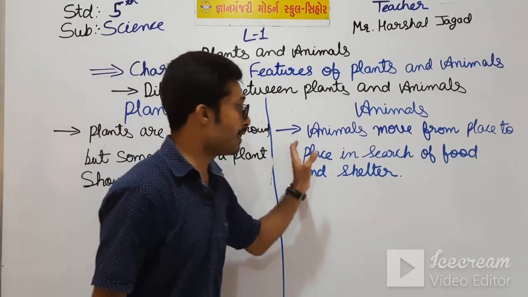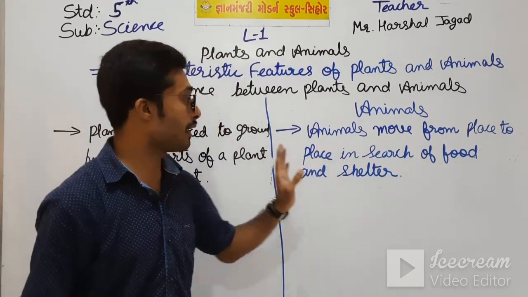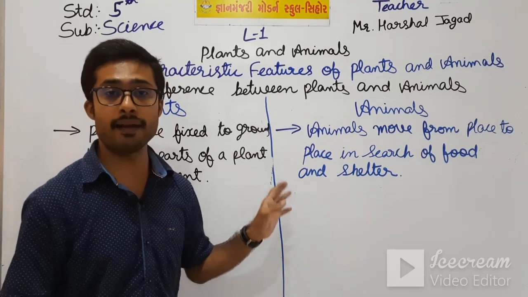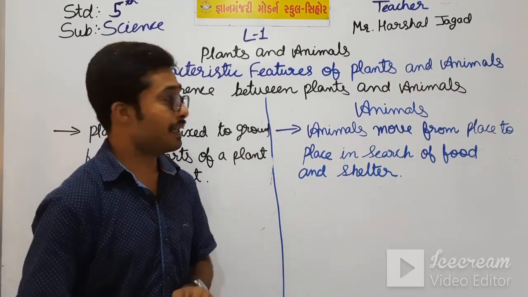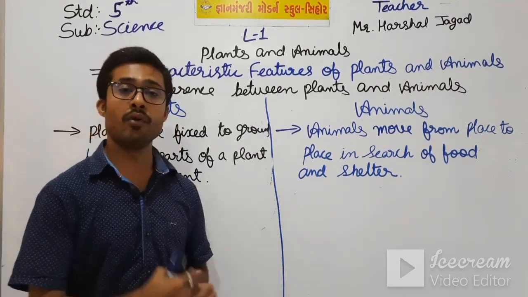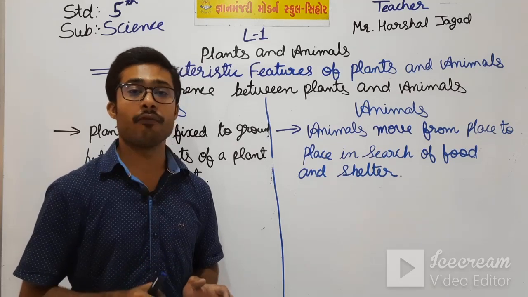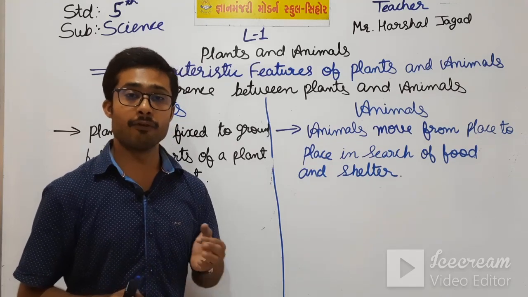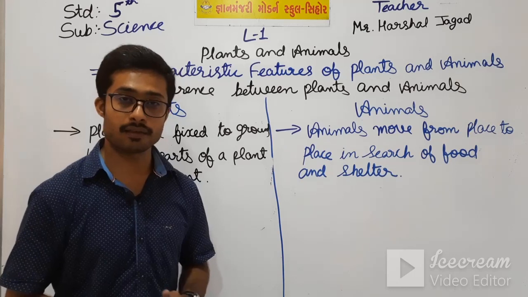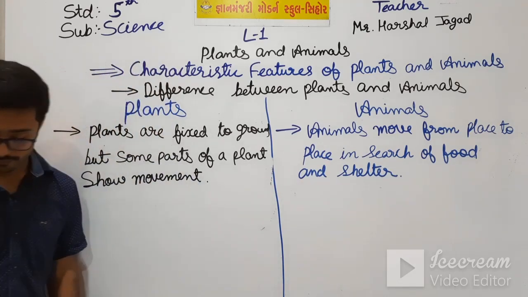And animals move from one place to another in search of food and shelter. The animals have legs, so they can move from one place to another for eating food and for the shelter. So the next point.